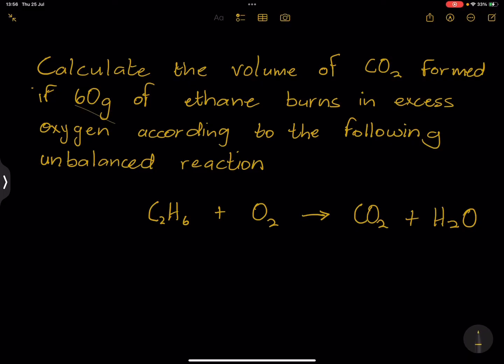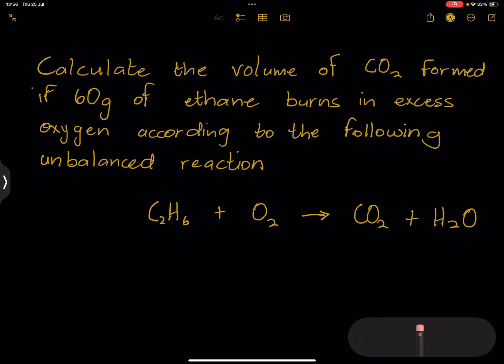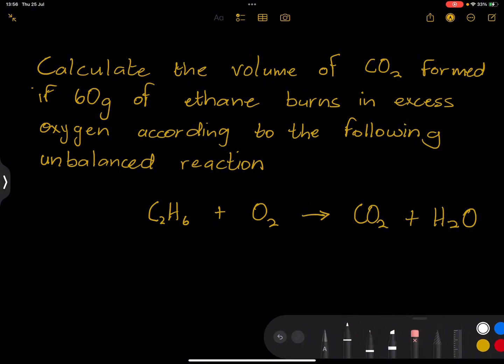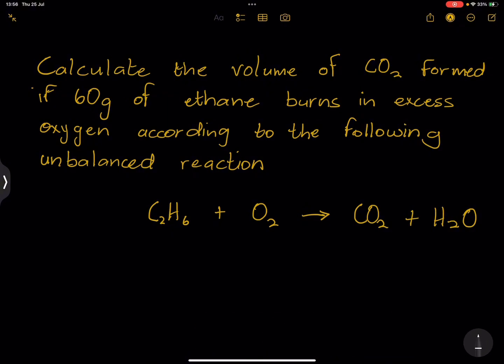I'm going to just change my color there so that we know what we're doing. On the left-hand side, I've got 2 carbon atoms. I've got only 1 on the right-hand side. Remember, when we don't have a subscript number, we assume that it is 1. So I've got 2 on the left, but 1 on the right.